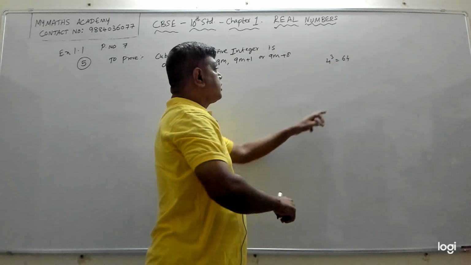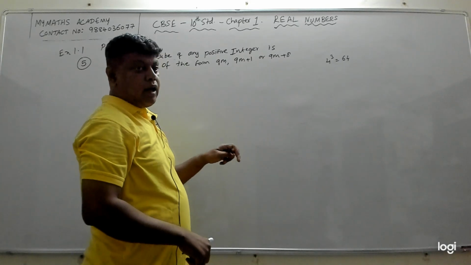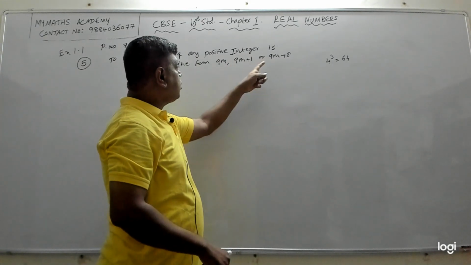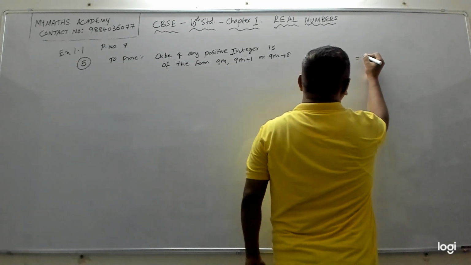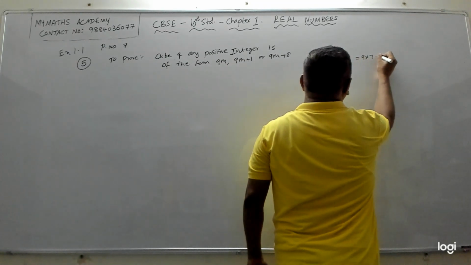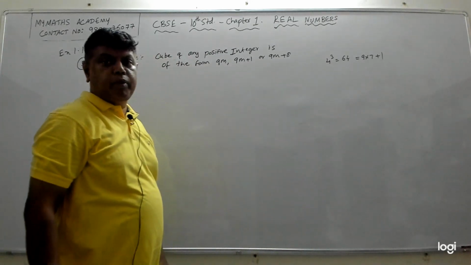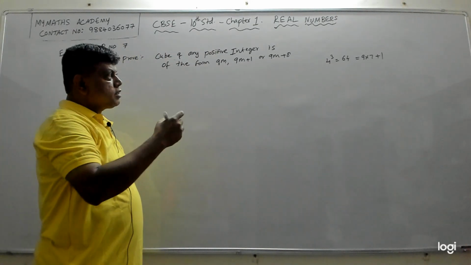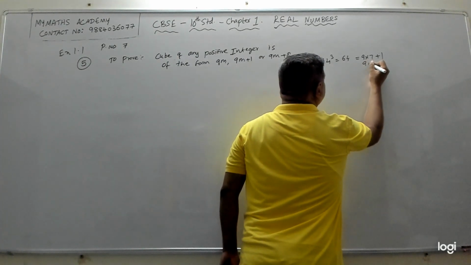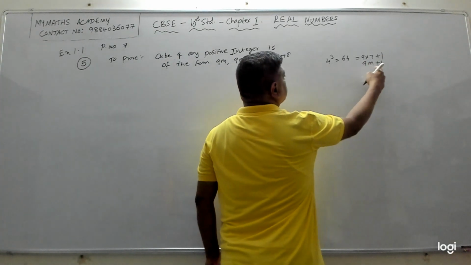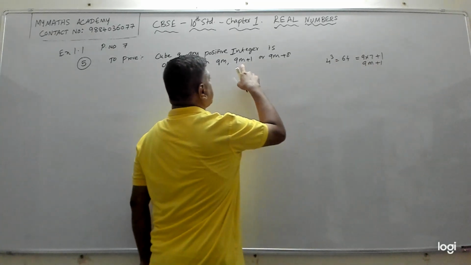Then we can write this 64 as one of the forms 9m or 9m plus 1 or 9m plus 8. For example, 64 can be written as 9 times 7 plus 1, 9 7s are 63 plus 1, 64, which means it is in the form of 9m plus 1.